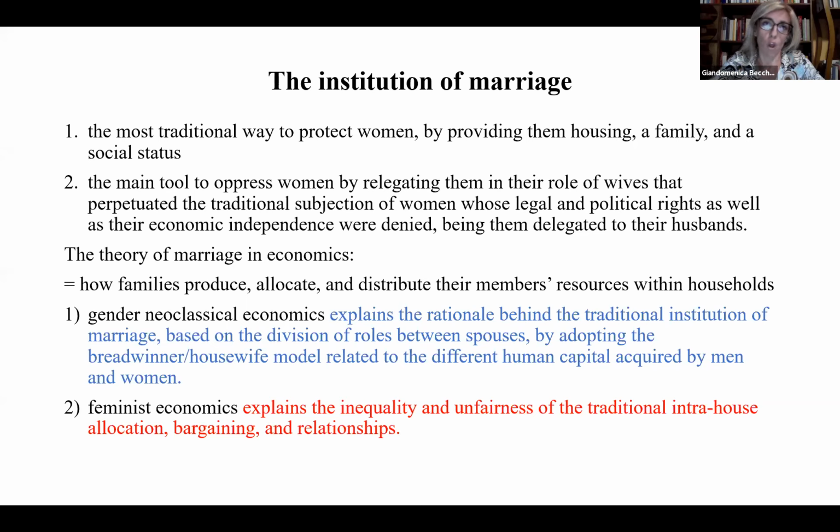So on one side we have the husband, the breadwinner, and on the other side we have the wife, who is a housewife and a mother. This is mainly due to the different human capital acquired by men and women.